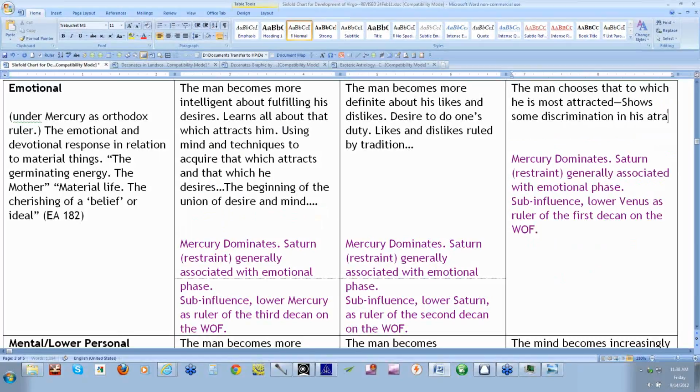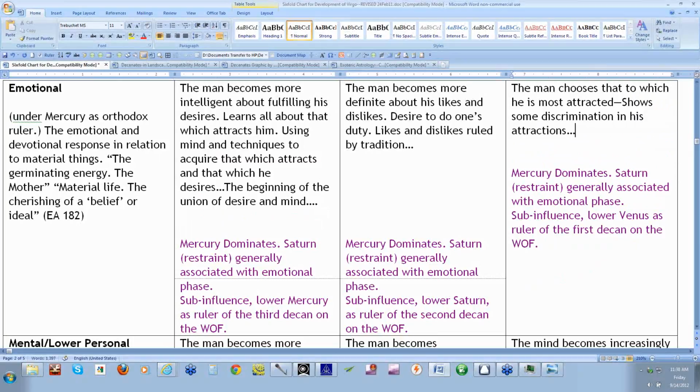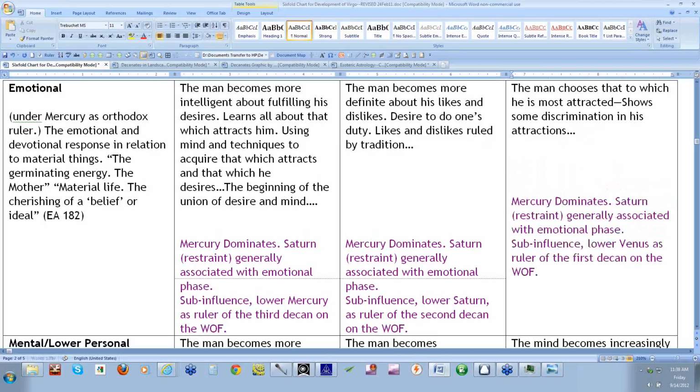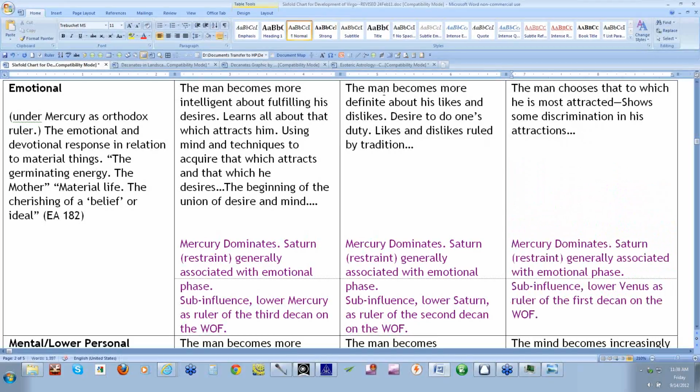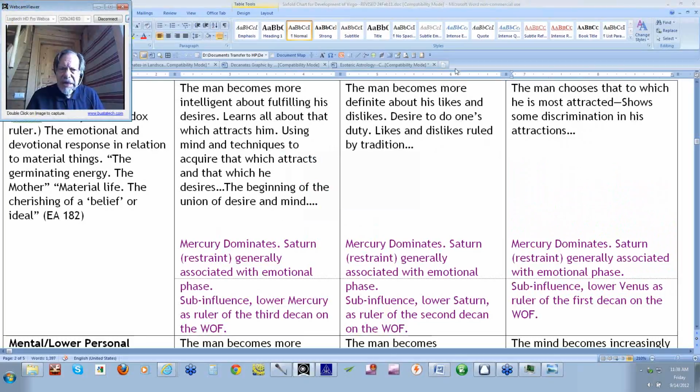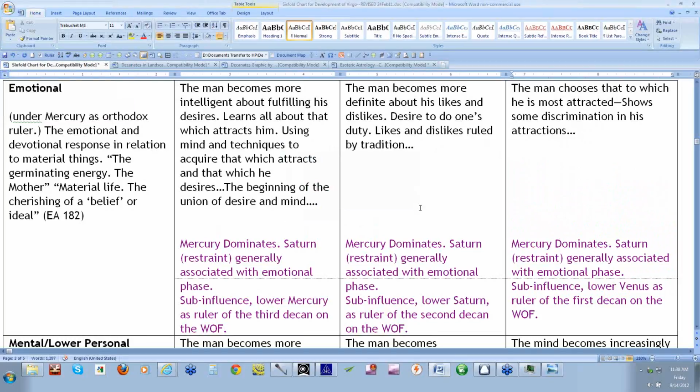in his attractions. Because Virgo is the sign in which Venus falls, so the full expression of love and attraction is not evident so much in Virgo in the early days. But we're not in the Atlantean stage, maybe relatively few human beings are today, mostly in the Kama-Manasic stage.